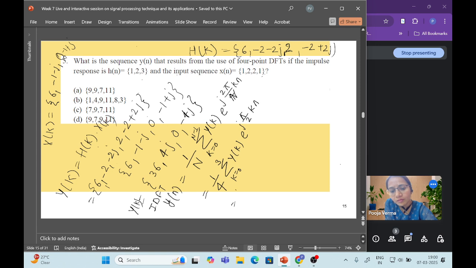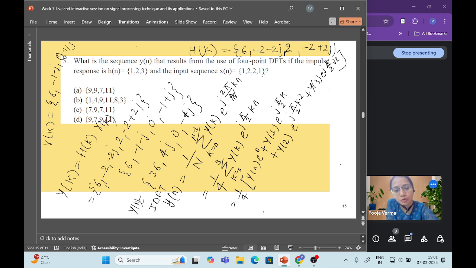Now if you open this, you will get Y of 0 e to the power 0, plus Y of 1 e to the power j pi by 2 n, plus Y of 2 e to the power j pi by 2 n into 2, so the 2s cancel out, plus Y of 3 e to the power j pi by 2, 3 into n.